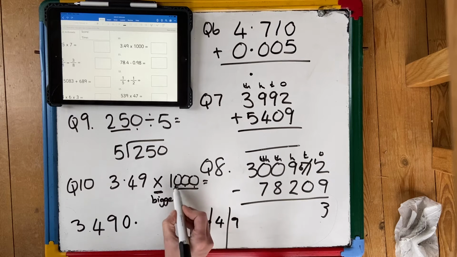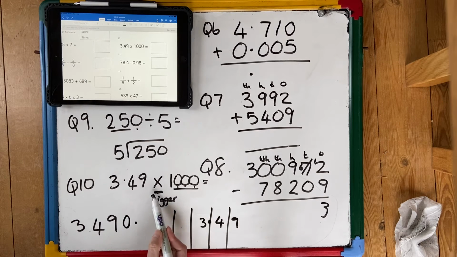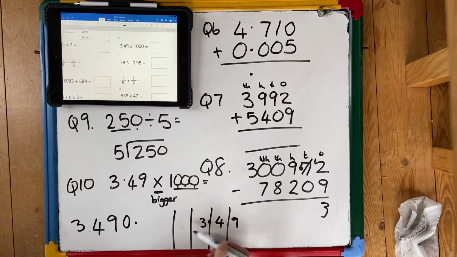3.49, and move the digits 3 places this way. At the moment, the 3 is in the ones column, but we have to make it 1,000 times bigger. So we're going to move the 3 this way into the columns that have a higher value. So move the 3 places, 1, 2, 3.